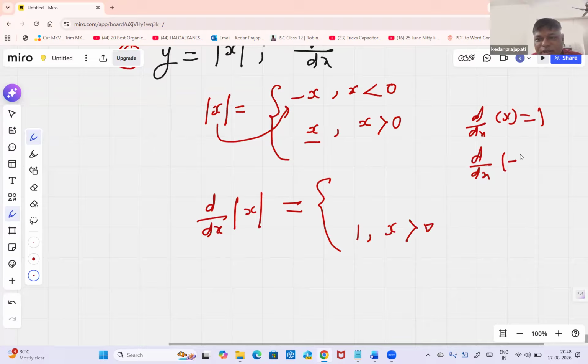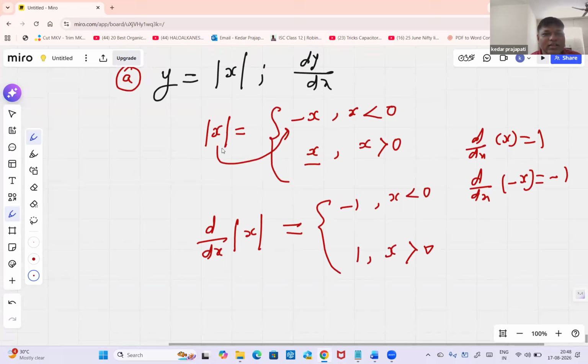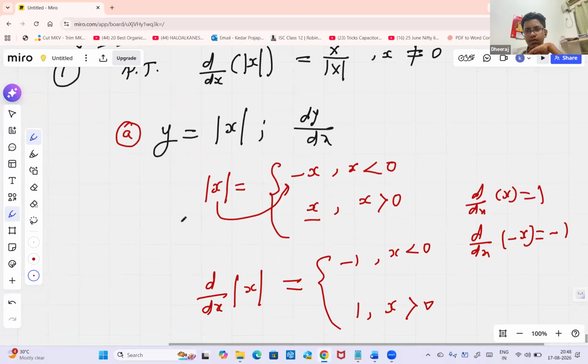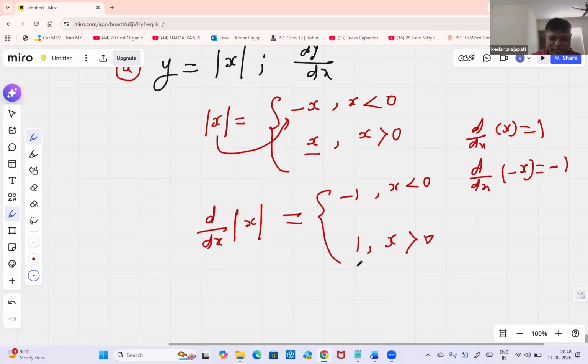And d by dx of minus x is minus 1, given x is less than 0. So this is our differentiation of this, correct? The differentiation of mod x is never one quantity. Please remember, it comes in exams. Whenever mod is given, you have to apply this mod definition. Okay. So this one part we solved.